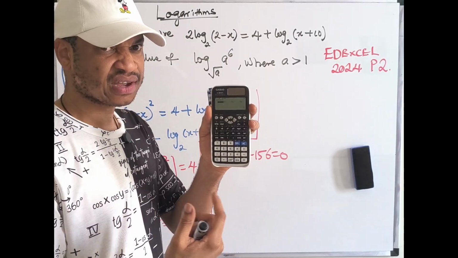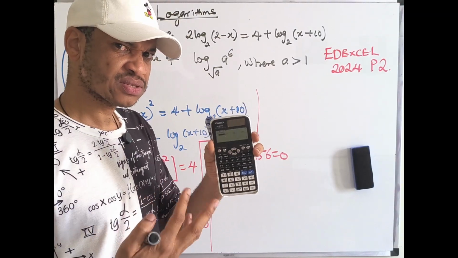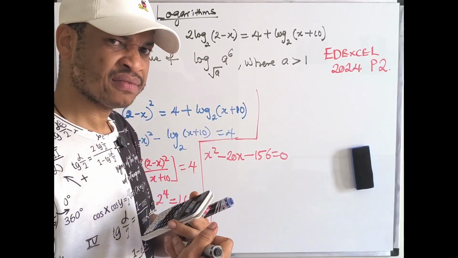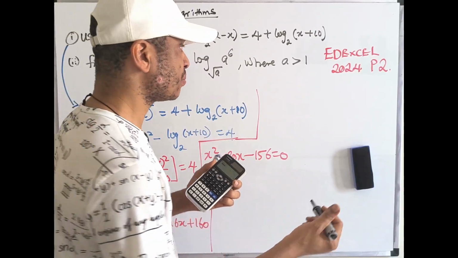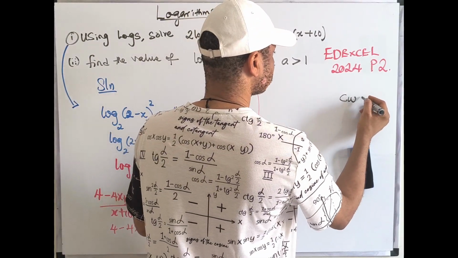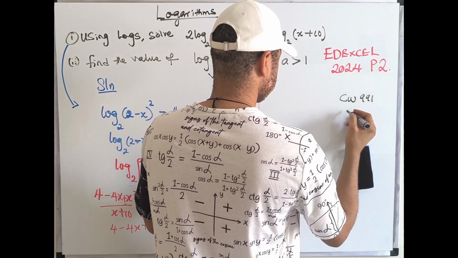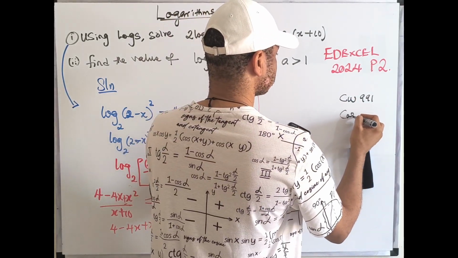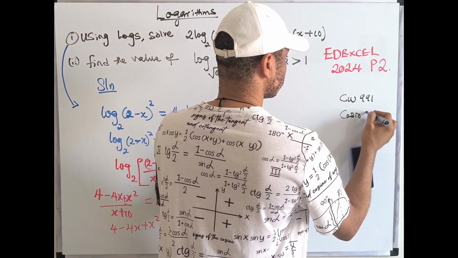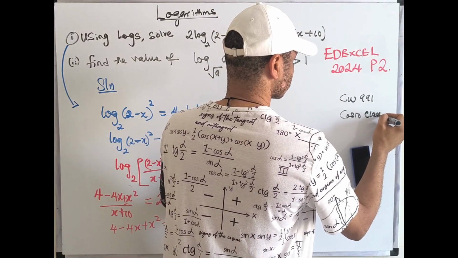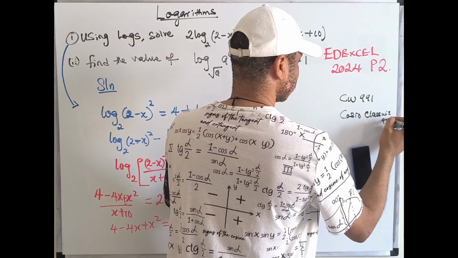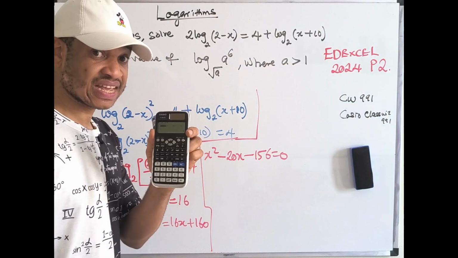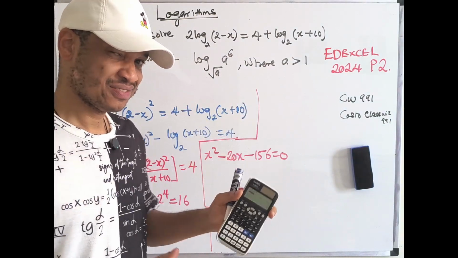You should have this calculator or any other one that can solve. 991 is better, any version of 991. I recommend the CW 991 and this one. You might get it somewhere, they are all Casio. Okay, 991. This one. I'll keep this, okay?